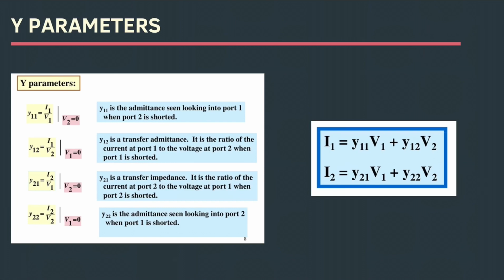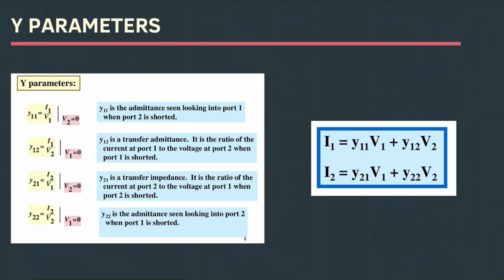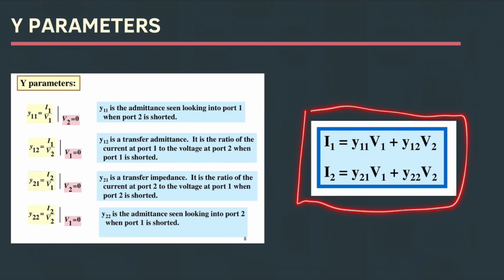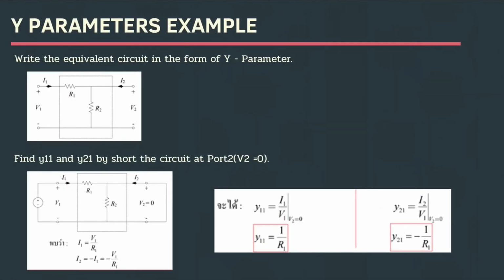Next we will talk about Y parameters, and we will get the equation from this figure. The equation is I1 equals Y11 V1 plus Y12 V2, and I2 equals Y21 V1 plus Y22 V2. In this Y parameter example, write the equivalent circuit in the form of Y parameters.